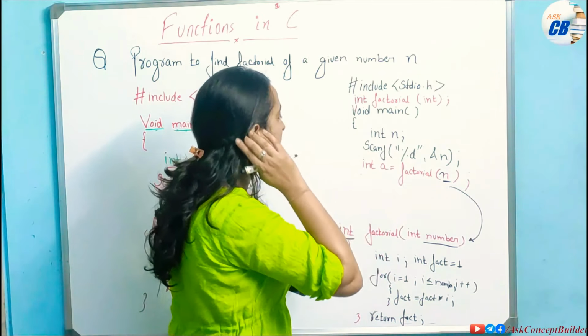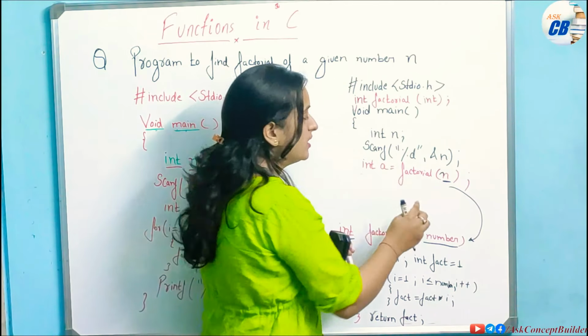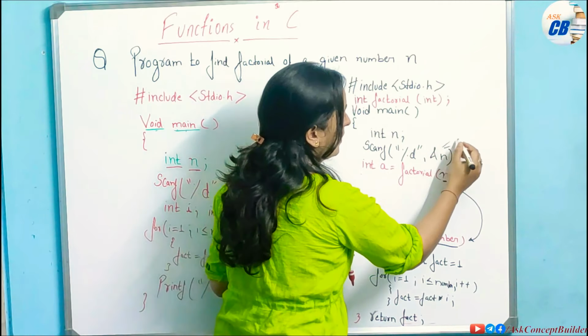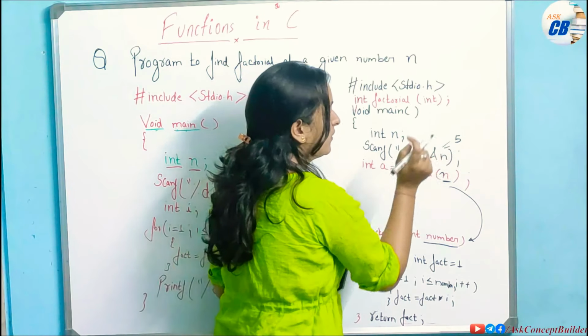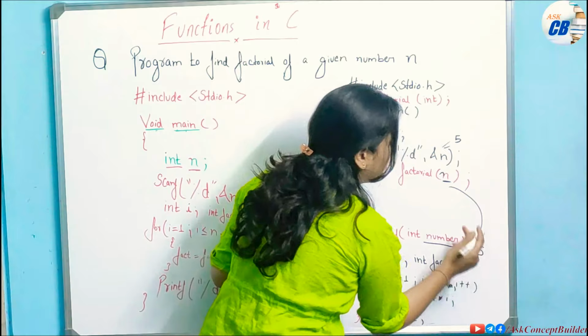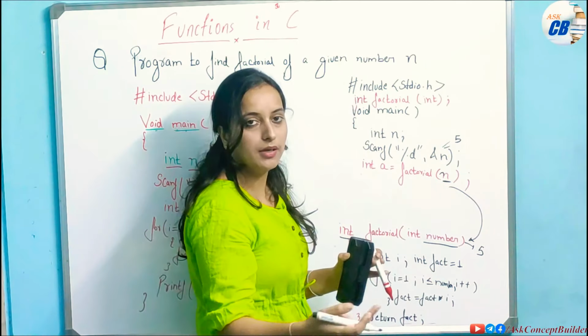Now what will happen here is that this int a will store the factorial. Any value which you pass, let us suppose you have given 5 from the user, so n equals to 5, and this 5 will pass to this number, so number will become 5, and it will calculate the factorial for the number 5.